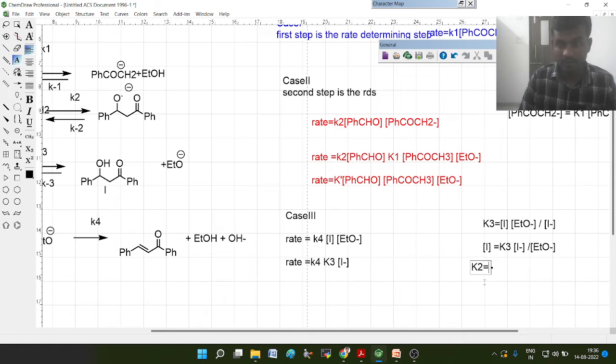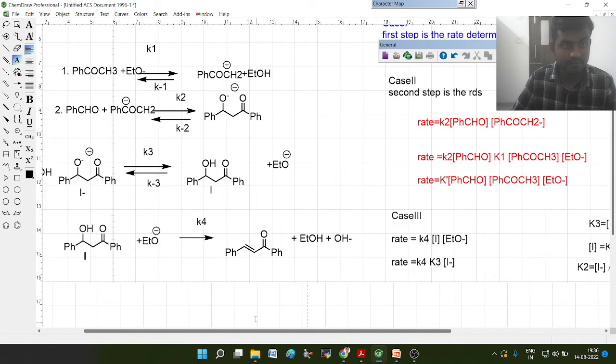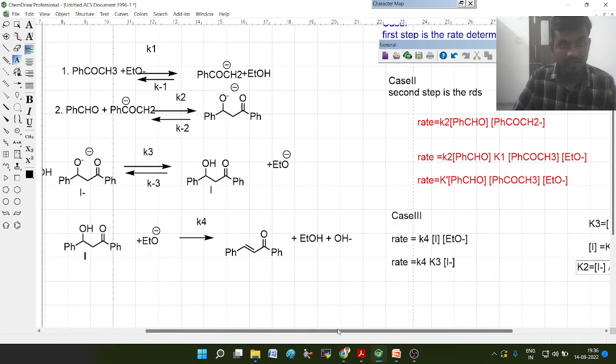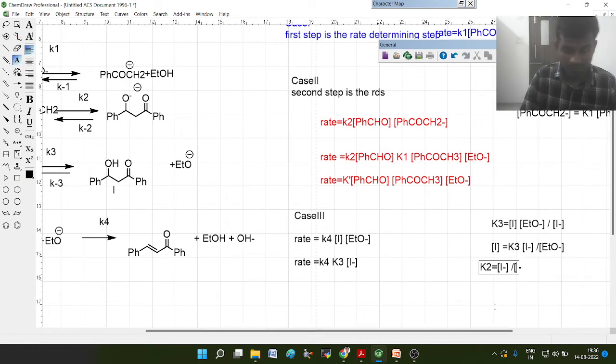So the K2 equilibrium constant will be, again on the product side I have I minus this time, divided by the reactant side, PhCHO and PhCOCH2 minus.